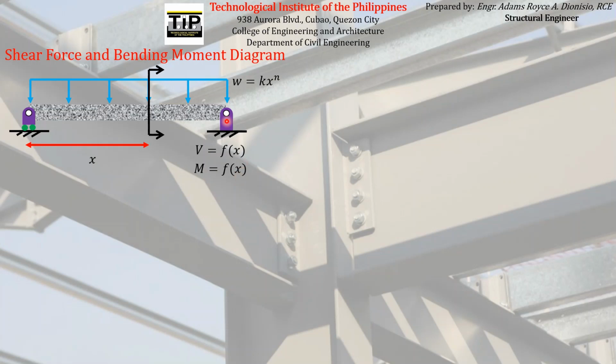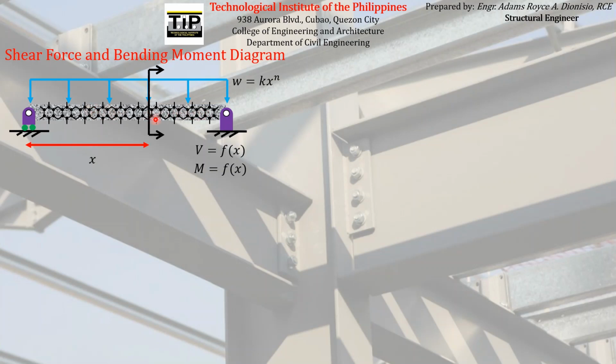So to explain the relationship, let's focus on the beam. We know that the beam is composed of infinitely many particles like this. We simplified the particles composing the whole beam by this figure.